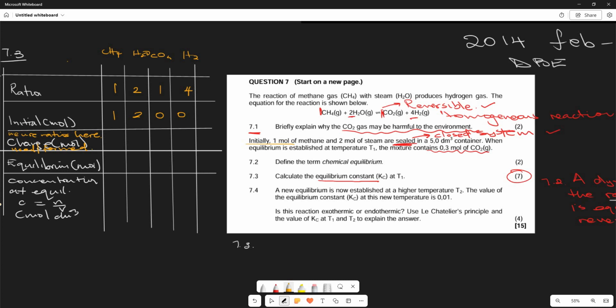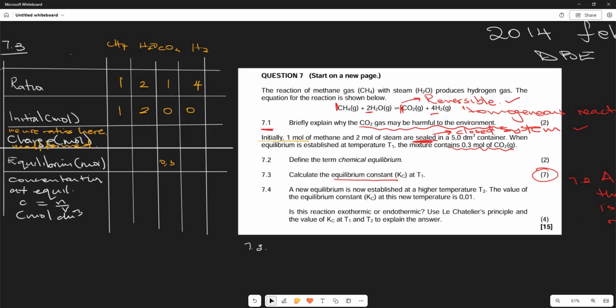All right, so carbon dioxide has 0.3 mole. So if that is 0.3 mole, we are able to find the difference, which is the change. So final at equilibrium, what was formed or left, subtracting what was there initially. So that will be 0.3.